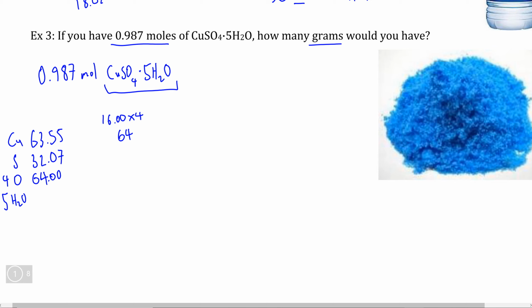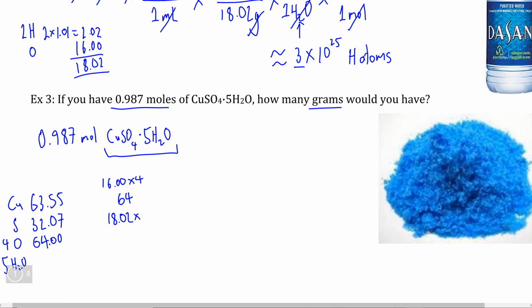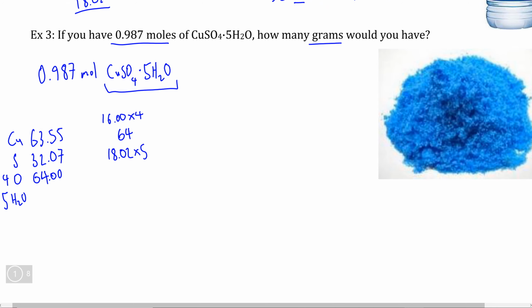And through some calculator wizardry that we preempted, 18.02 is the molar mass of water, which we calculated in the previous question. And if we multiply this by 5, this comes out to exactly 90.10 grams per mole. And if we do some quick arithmetic here, make sure that you do this.